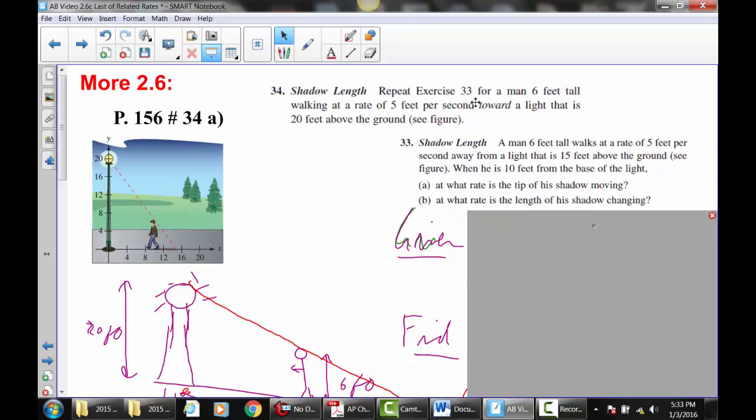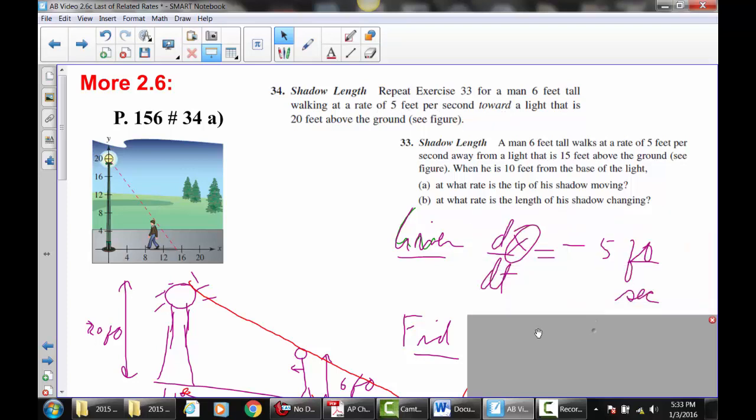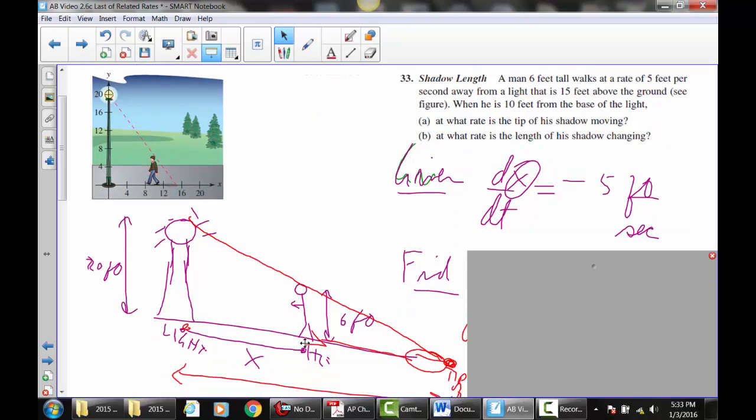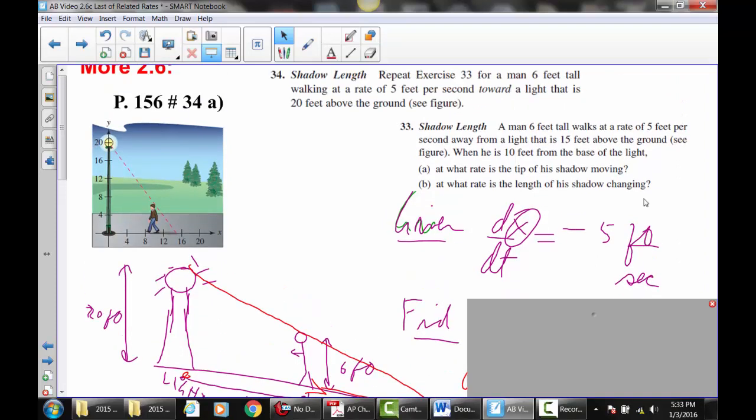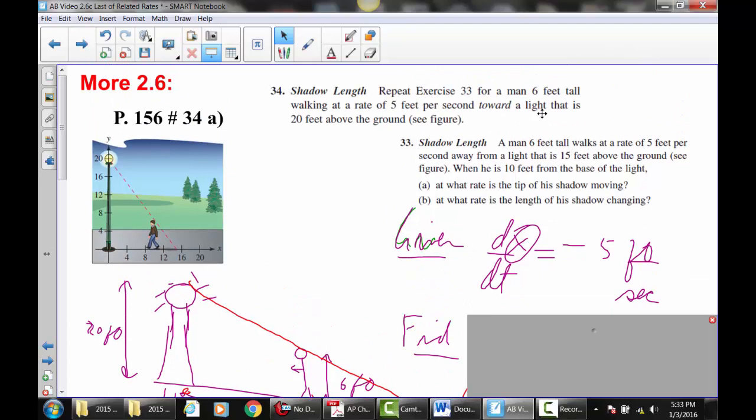That means dx/dt is negative 5 feet per second. Then in number 34, it tells you that the light is 20 feet above the ground, so that's how tall the light is.